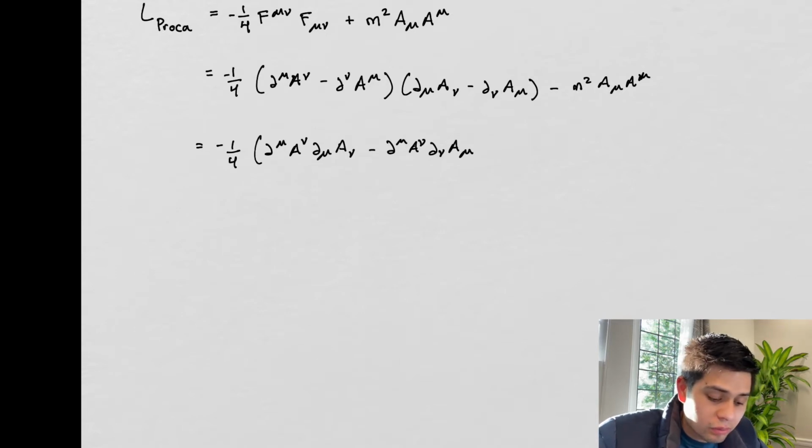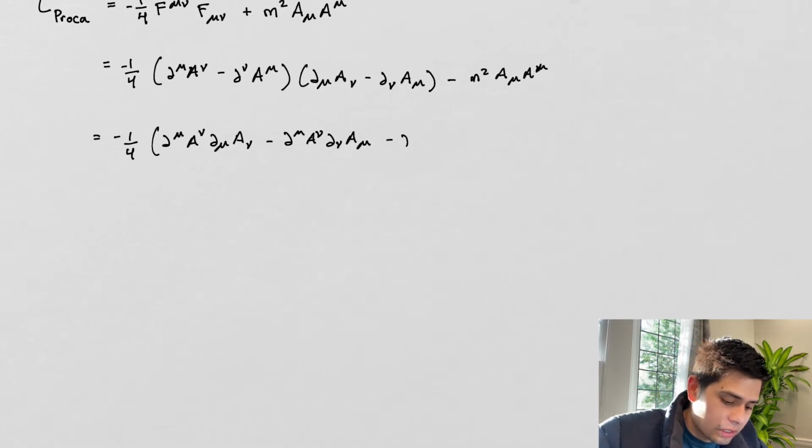So I'm really just FOILing out. I'll show you what I've done so far. This times this is going to be this, and this times this is going to be this. And I'm going to keep on going here.